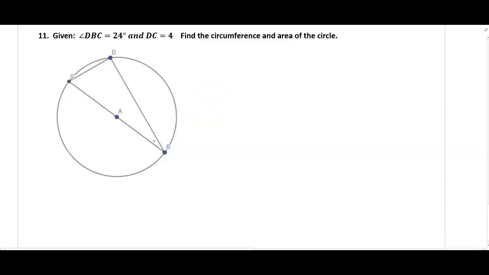My pen's not working real well here. All right, that is going to be 24. So that's 24 degrees, and DC is going to be 4.